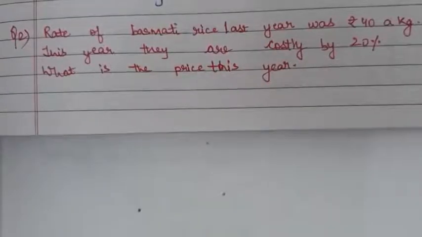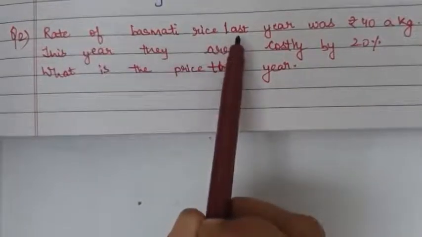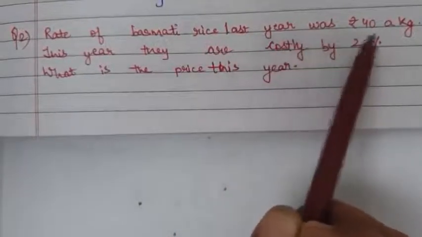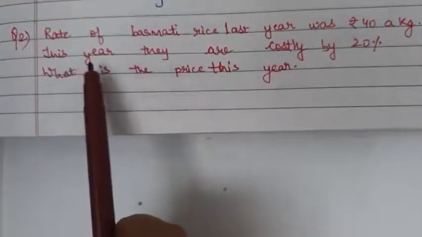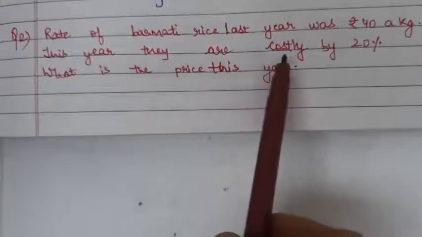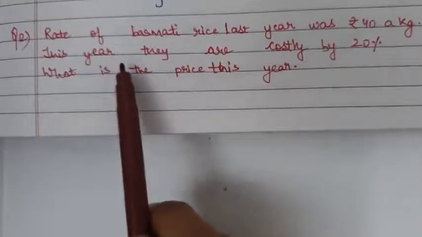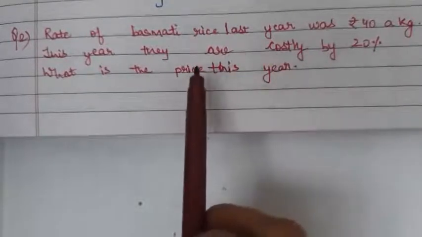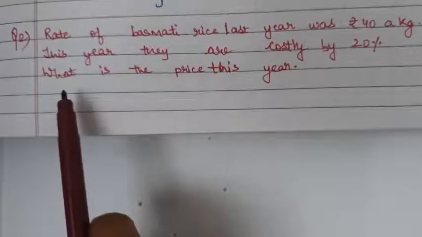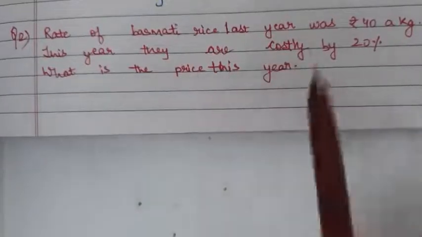Next question is, the rate of basmati rice last year was 40 rupees per kg. This year it is costlier by 20%, means this year the price is increased by 20%. So you have to find what the price is this year.